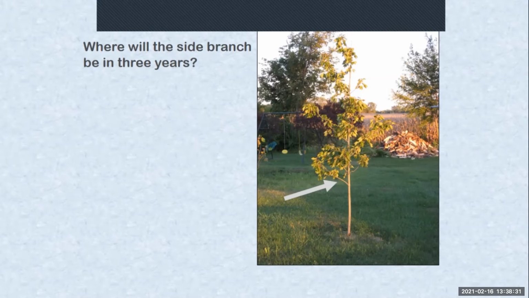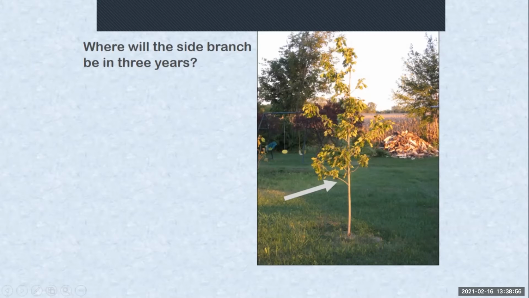Okay, so just a little question in your mind, and you should all now be able to answer this. Where will the side branch be in 3 years? On a tree, of course, once branches are produced, they're not going to be moving up the stem. So this is going to remain at the same height year after year after year.